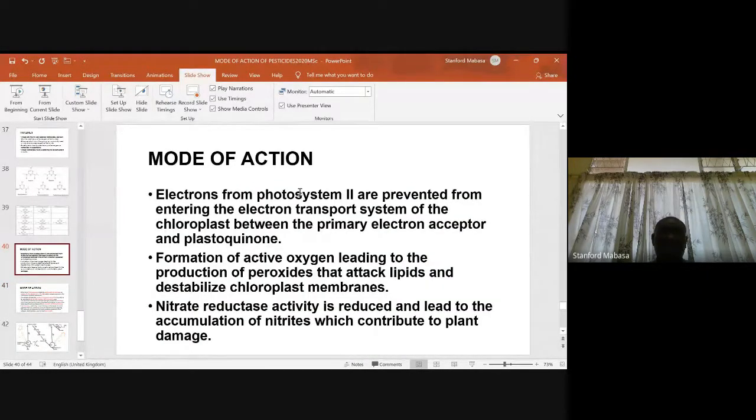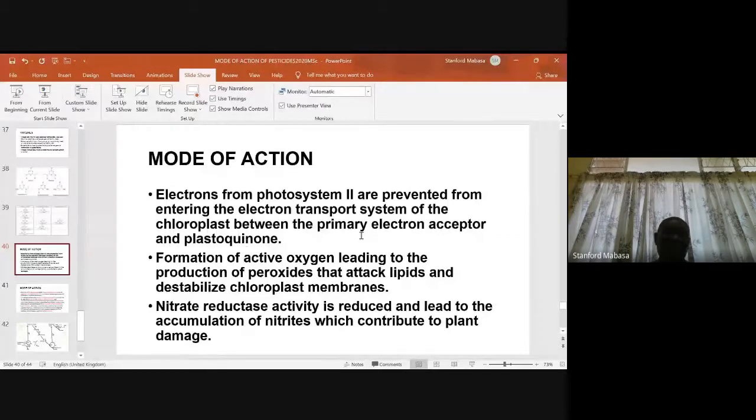So this is what we wanted to explain. We are saying that atrazine may take the electrons from photosystem 2 between the primary electron acceptor and probably plastoquinone.